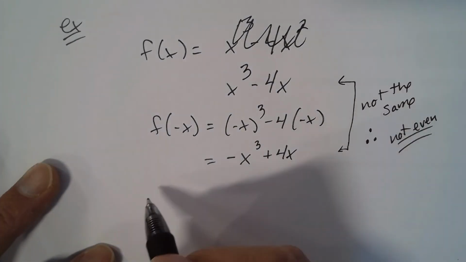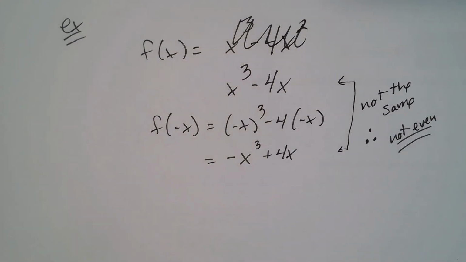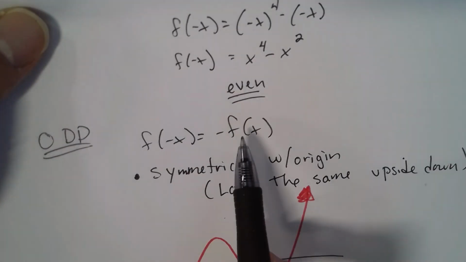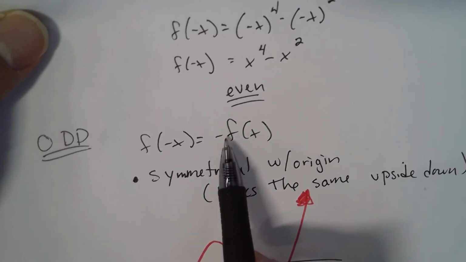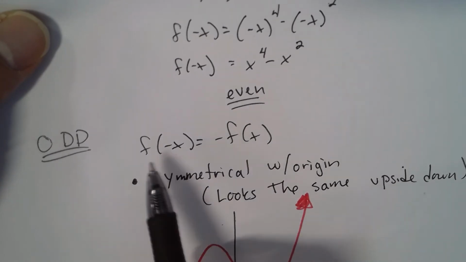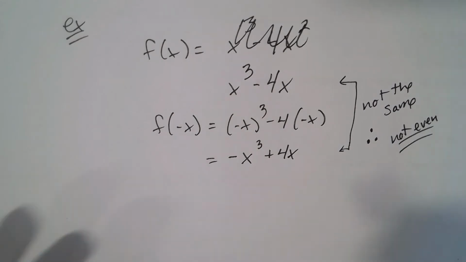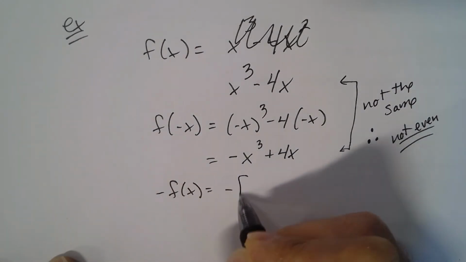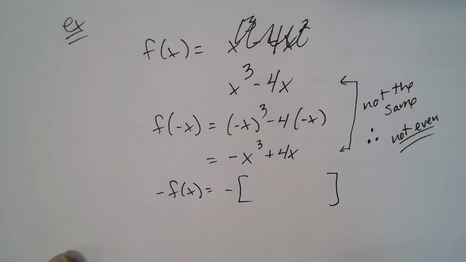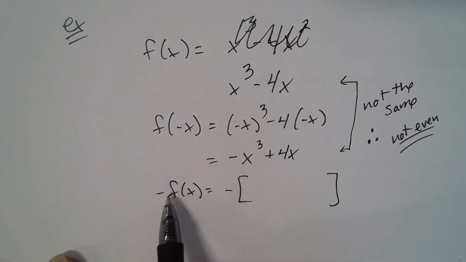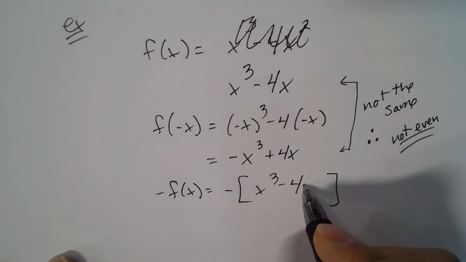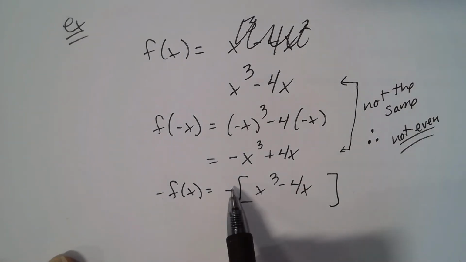Now we have to try, remember the definition of odd is f of negative x equals negative f of x. So let's find out what negative f of x is and see if it's the same as f of negative x. Negative f of x means you just take everything and distribute the negative. So if this is f of x, we're just going to make everything negative.